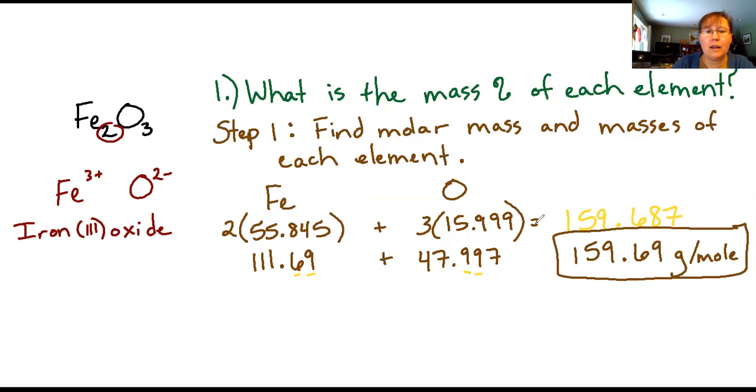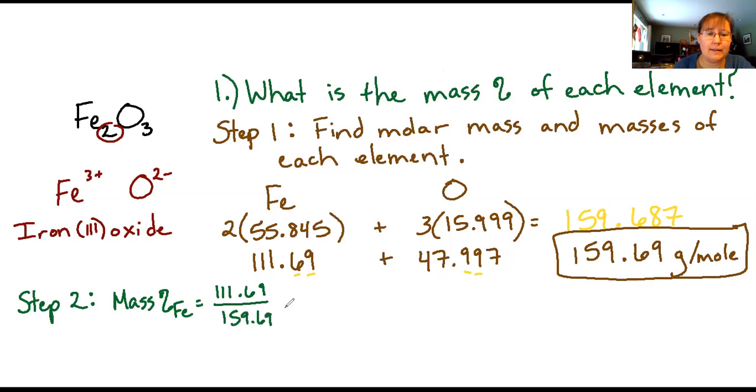So now I'll come to my step 2, and I'll find the mass percent for each one. The mass percent for my iron is equal to 111.69 divided by 159.69.